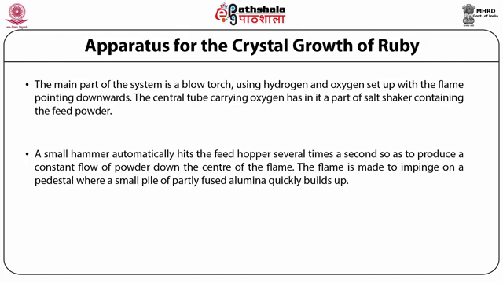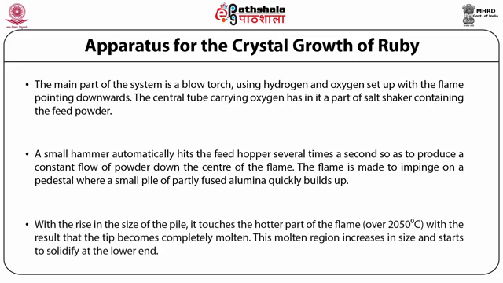The flame is made to impinge on a pedestal where a small pile of partly fused alumina quickly builds up. With the rise in the size of the pile, it touches the hotter part of the flame, over 2050 degrees centigrade, with the result that the tip becomes completely molten.